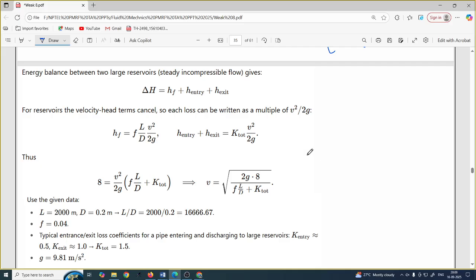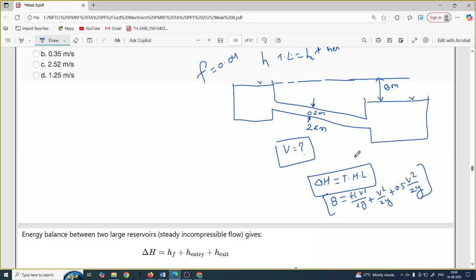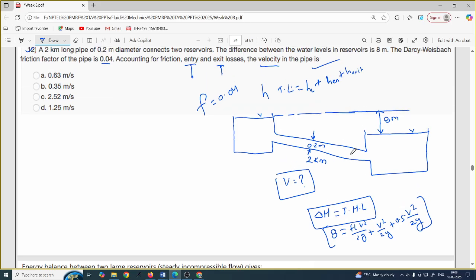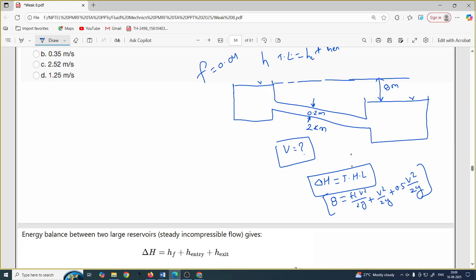So actually in the calculation the entry and exit are considered. For entry and exit, some factor is required in the calculation. Let us suppose here the factor is k. Here also some factor, but sometimes it is equal to 1.